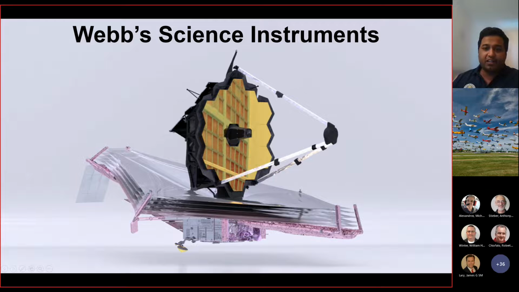So let's take a look at the Webb science instruments. Whenever I talk of science instruments, each instrument is actually tailored for a specific purpose. I kind of refer to the analogy of a Swiss Army knife, right? We have specialized components built within it for a specific purpose.